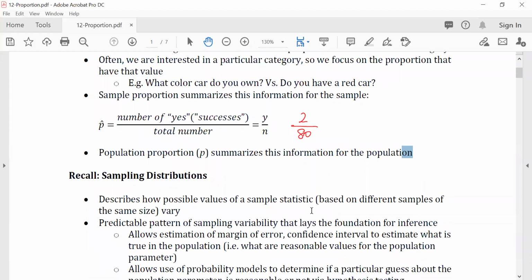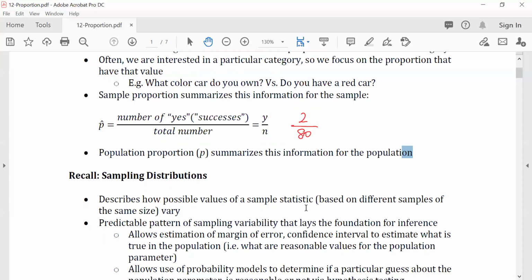If you still recall what we have done for the mean, the first thing we do is to try to find out the sampling distribution of the sample means, right? If you still remember what a sampling distribution is: you collect a sample and calculate the sample mean, then collect another sample of the same sample size and calculate another sample mean.